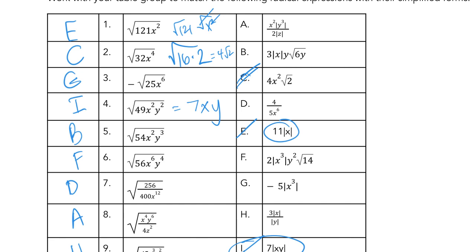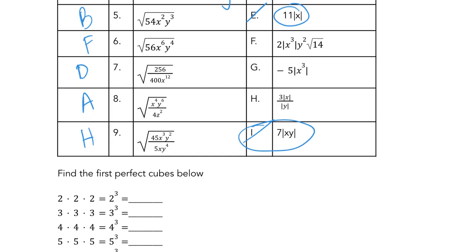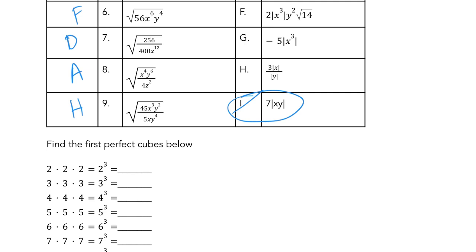Okay, so maybe if we look at number 9. If I just look at the number parts, I've got 45 over 5, which is 9, and the square root of 9 is 3. And then if I look at the x parts, I've got x cubed over x. And if I simplify inside there, I'm going to end up with the square root of x squared, which is x. So far I've got 3x on the top.